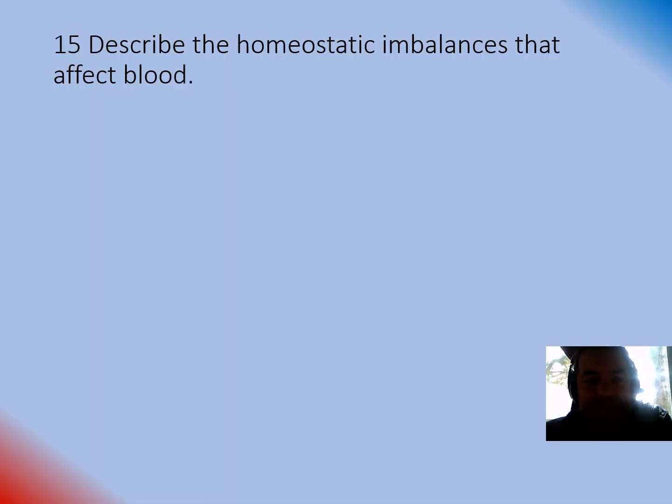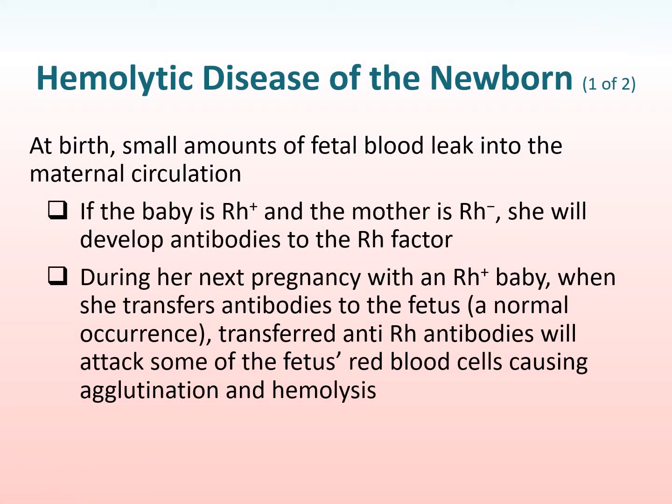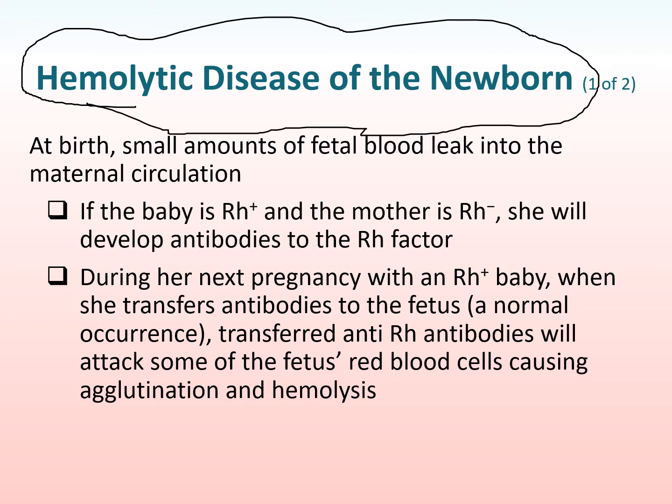Describe the homeostatic imbalances that affect blood. There are dozens, hundreds of blood problems out there, one of which is hemolytic disease of the newborn. This is the one I mentioned earlier, where a small amount of the fetal blood leaks into the mother, the pregnant woman's circulation.